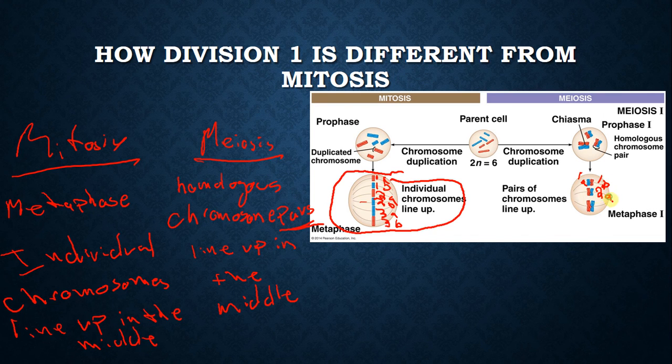Maybe 2A's on this side, 2B's on this side, 3B's on this side, 3A's on this side. So the pairs, all like numbers, line up so that when they divide, each new resulting cell will have 2 copies of the same A or B. So it will result in only having the haploid number, 23 of the 46, but we'll have 2 copies of each of those 23.